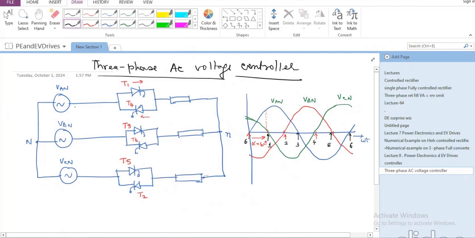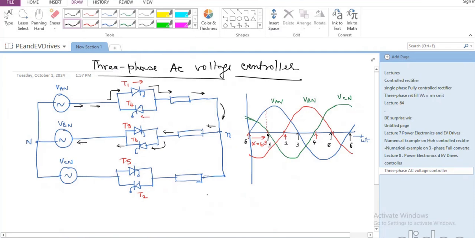let us say the current is going like this, and it is going to go like this, and if I say 6 was already fired and it is still conducting, I would have the current going like this through B phase.